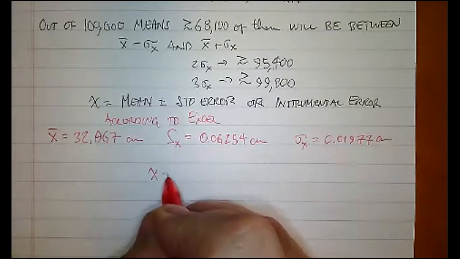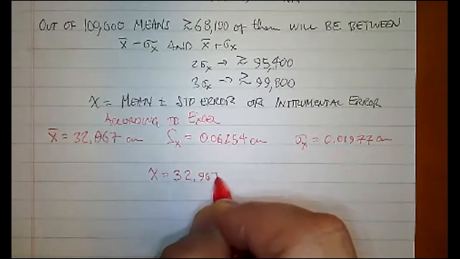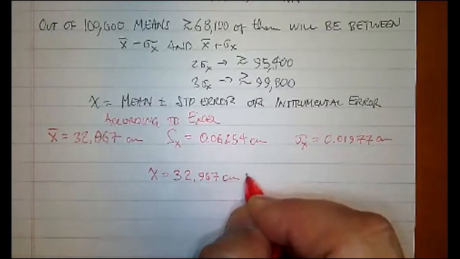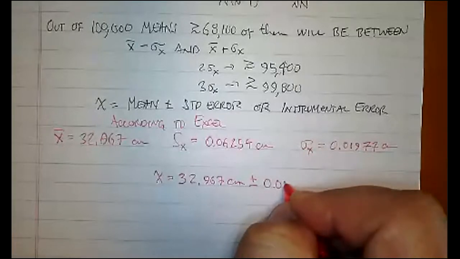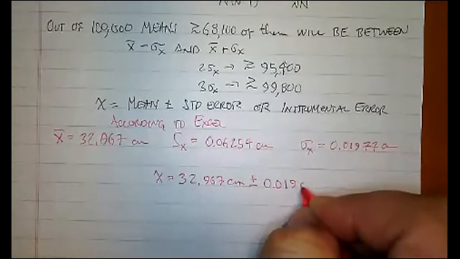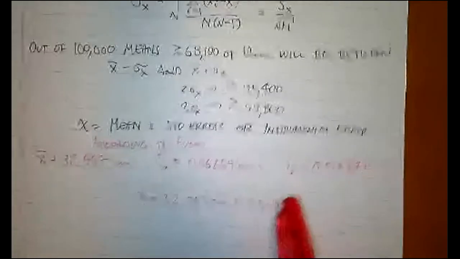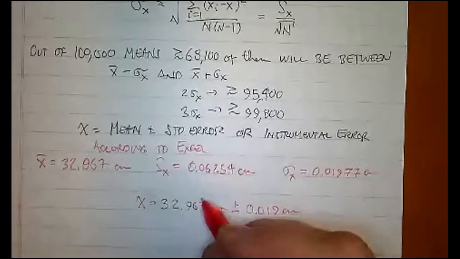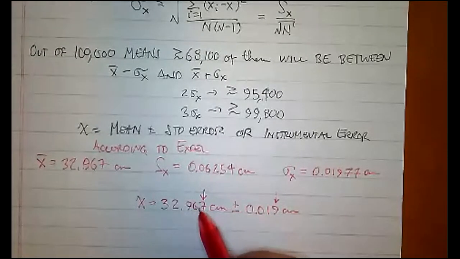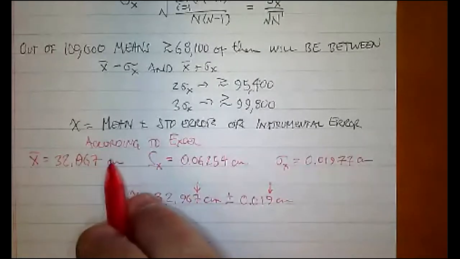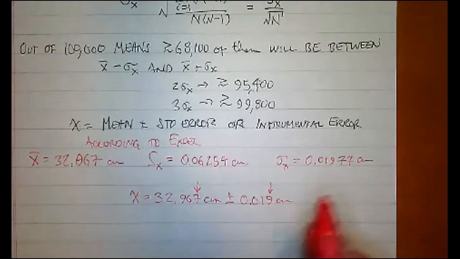So x is equal to 32.967 centimeters plus or minus 0.019 centimeters. What I did was force this last digit to line up with that last digit, and that's why I rounded it. No matter what came after this, I would have rounded it to this spot.